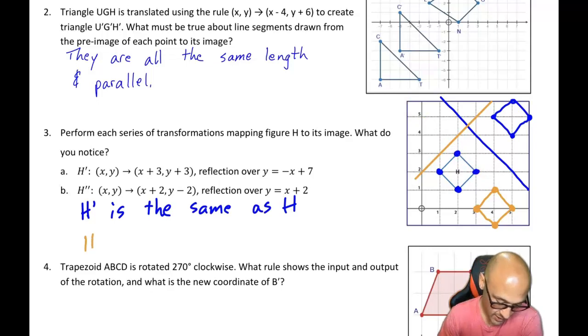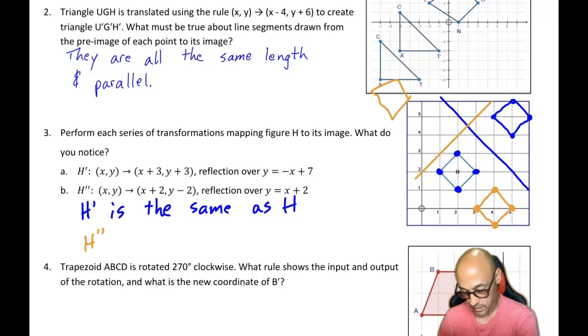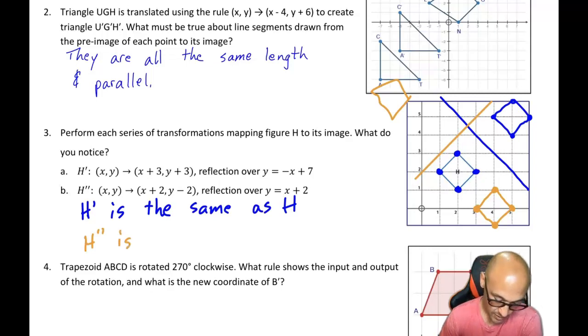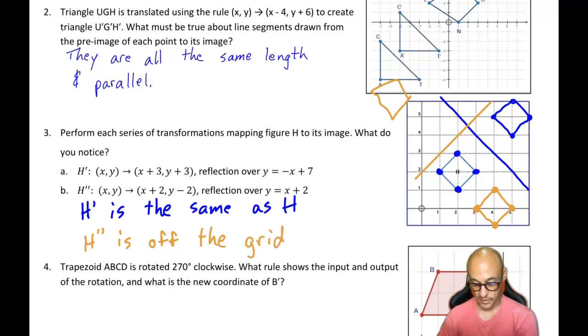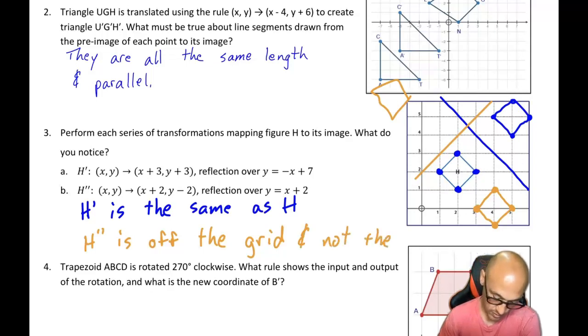So H double prime, it's going to be up here a ways, and it's going to be off there. So that's hard to see. H double prime is off the graph, off the grid, and not the same as H. All right, that's up.